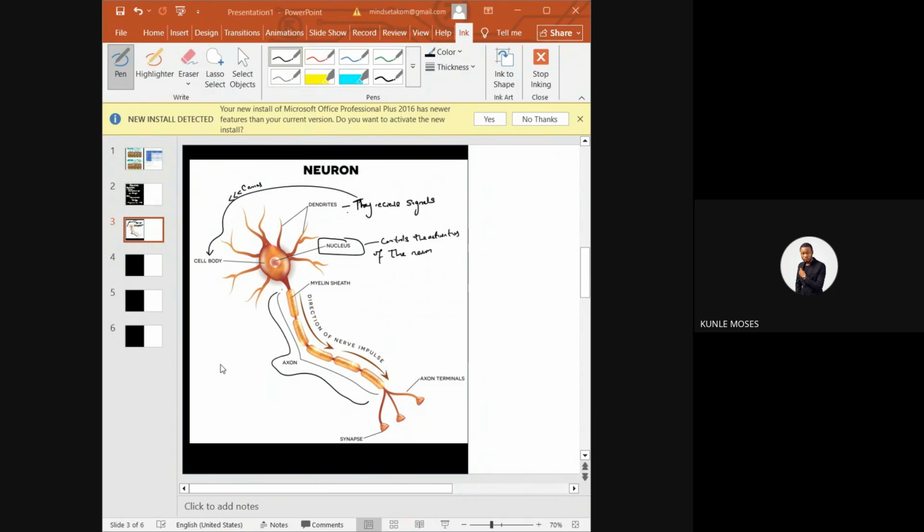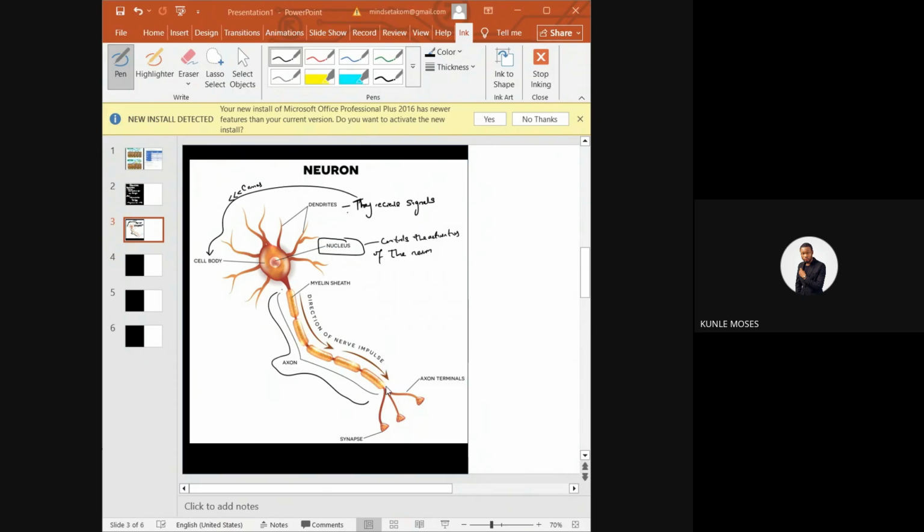What it actually does is that it helps to protect the axon, number one, and number two, it can also help to speed up the transmission of the nerve impulses that the axon carries away from the cell body. So that is how it works.